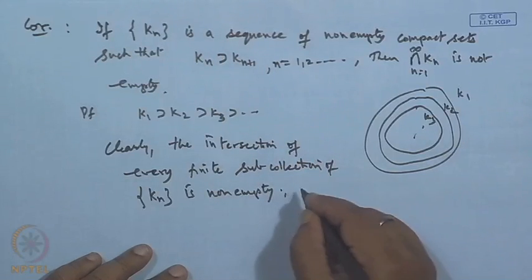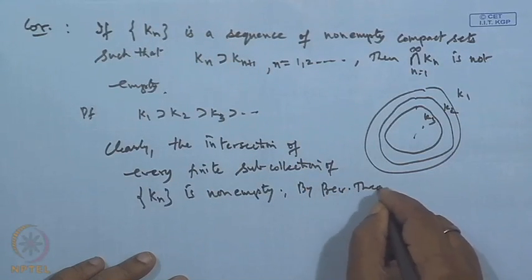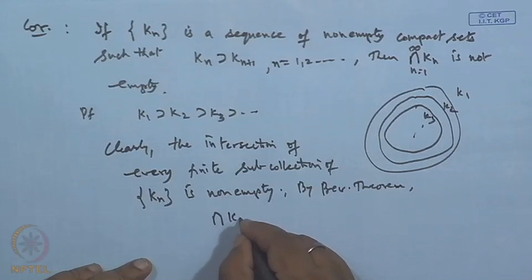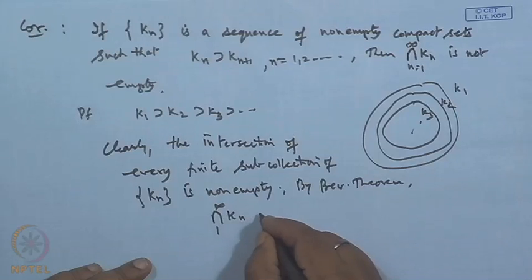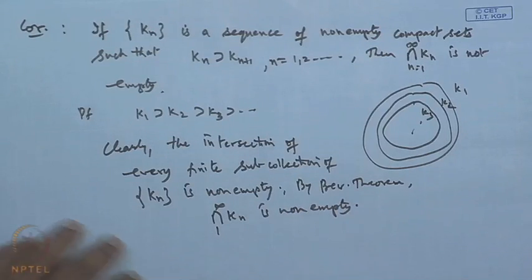So, by the previous theorem, the countable intersection from 1 to infinity is non-empty. That is proved.